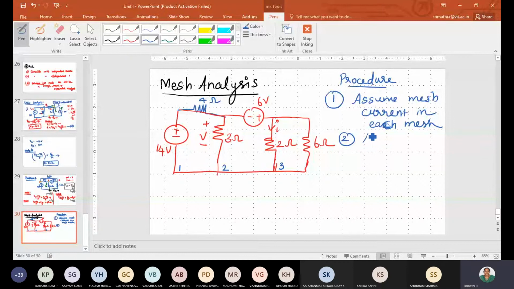Number 2, all the assumed currents should be in the same direction.